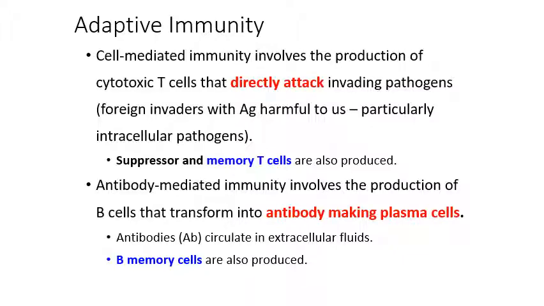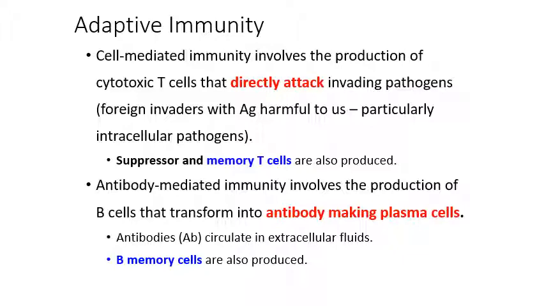Another thing that your T helper cells can do is initiate the other wing of your adaptive immune response, which is the antibody-mediated response. This one involves the B cells, your B lymphocytes, which are capable of transforming into plasma cells, which make a whole ton of antibodies.